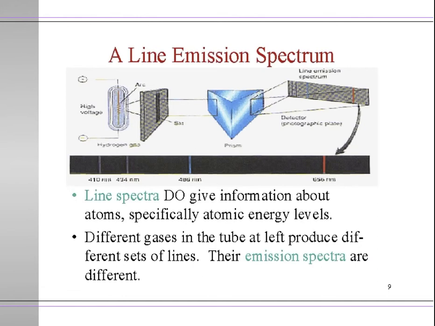You can use a diffraction grating for this, and we will do this in class. A diffraction grating is like a prism with many slits, so when we see this in class, we'll understand a little bit better what that would be like. And only certain colors of the light will appear. So when you have specific colors, it's called a line spectrum.